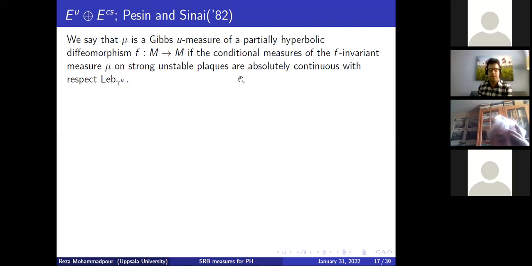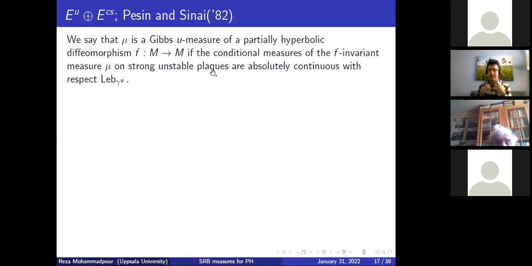Before I mention the Pesin-Sinai result, let me define a Gibbs-u measure. We say that mu is a Gibbs-u measure for a partially hyperbolic diffeomorphism if the conditional measures of the F-invariant measure mu on strong unstable plaques are absolutely continuous with respect to Lebesgue restricted to the unstable disk. That's the definition of the Gibbs-u measure.